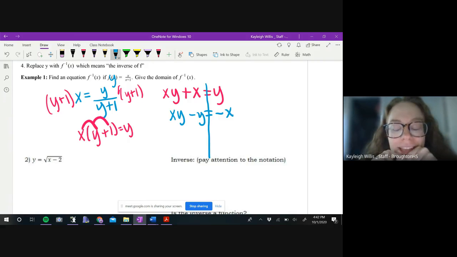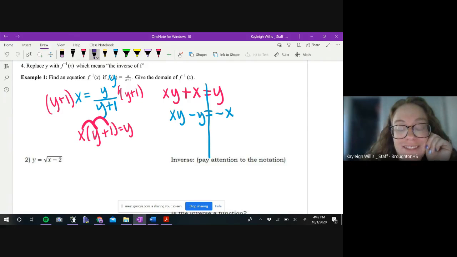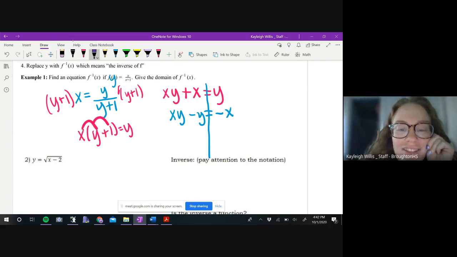And then I'm like, okay, well, I noticed something about the left-hand side. What do you notice? They both have a y. Yeah, so if we think about factoring, we can take out a GCF of y and get x minus 1.